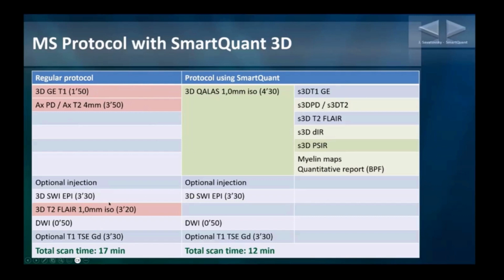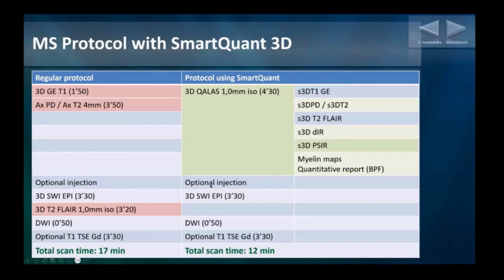So now the important thing is you have all those complementary sequences that are in green, but you also can reduce the scan time because you will replace 3 sequences by only 1 sequence that has almost the same acquisition time. So of course, what it will not do is replace non-conventional sequences.